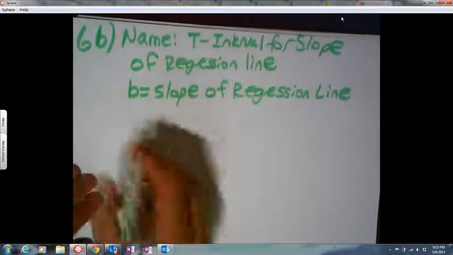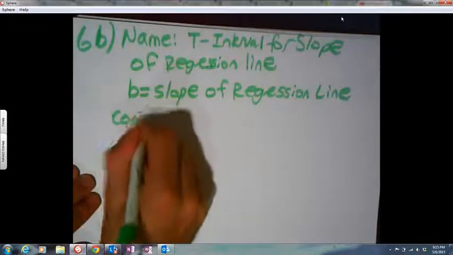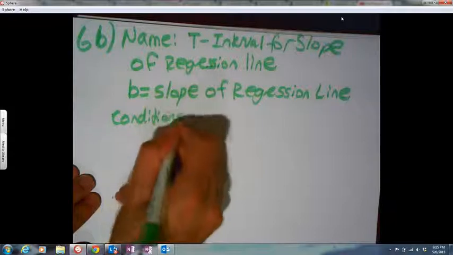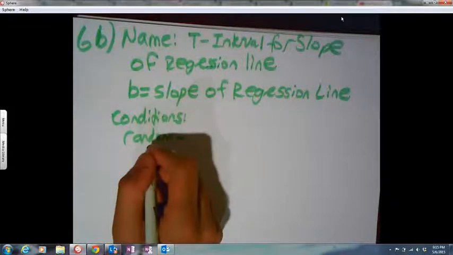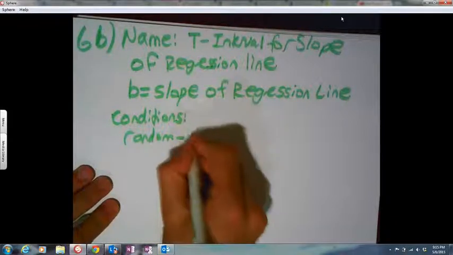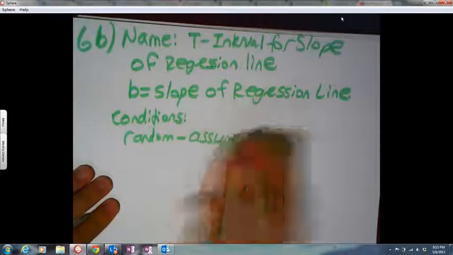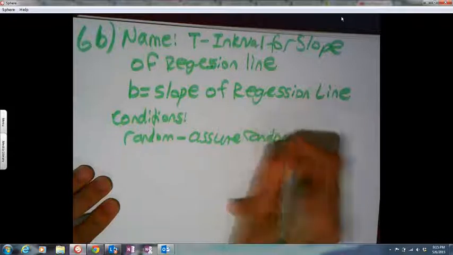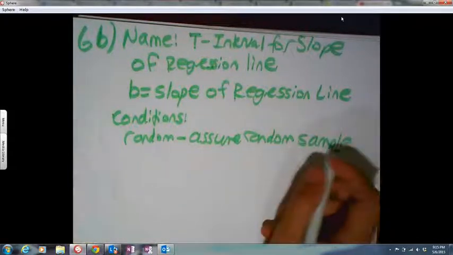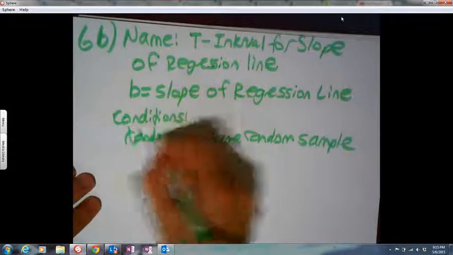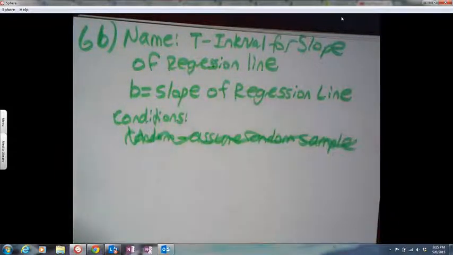So next step we go is conditions. So random. We're just going to assume random. And this is not as important, to be honest with you. In fact, I'm going to actually scratch this out. The reason a random sample doesn't really matter here is because for a regression line, you might use all the data, so you might not have a random sample.